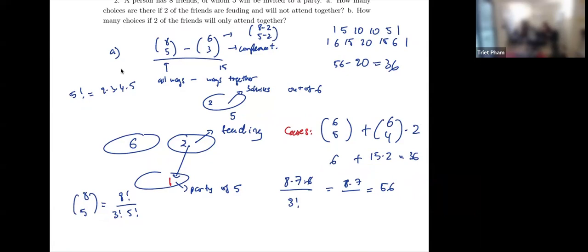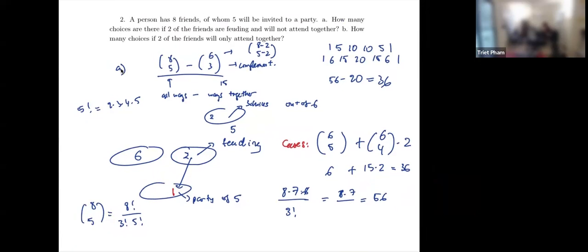All right. So I guess let's move on to part B. And then we'll go back and do the other example of combination. Part B asks how many choices can we make if 2 of the friends will only attend together?